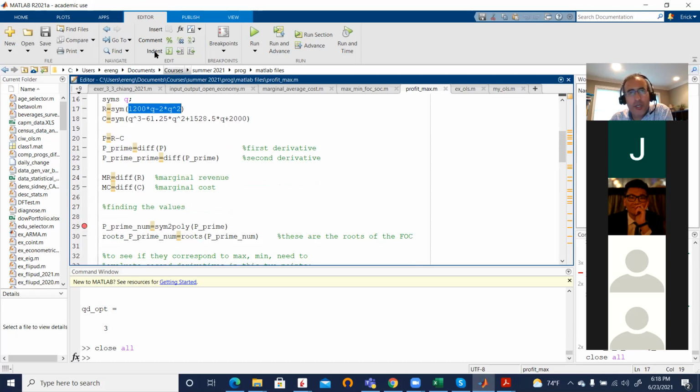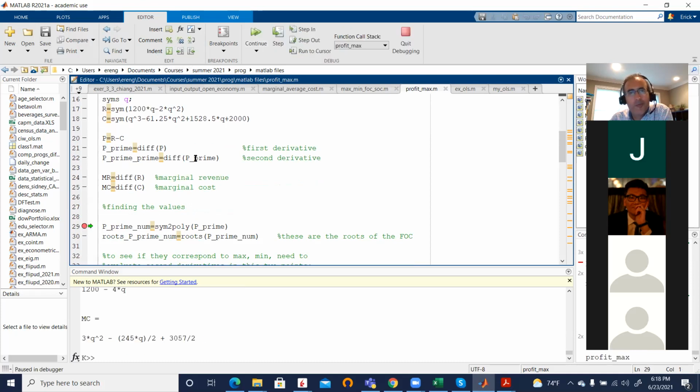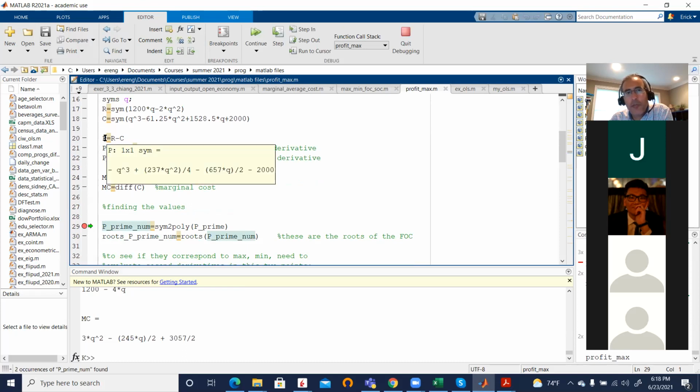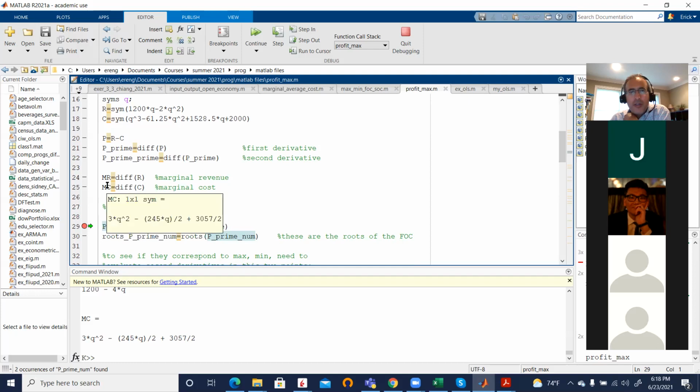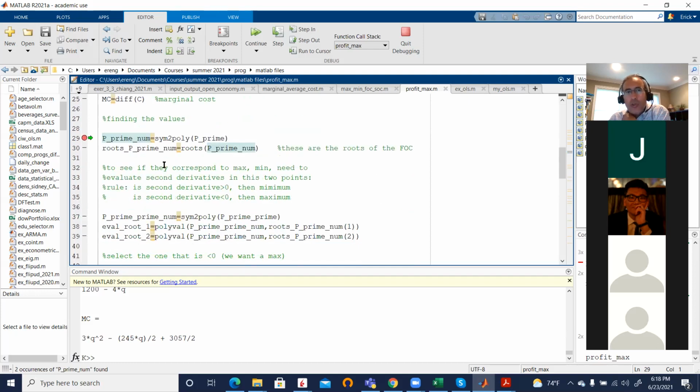All right, so let's run up to here. You can see P is a cubic function. P prime is this one here. This is the first derivative of my revenue. My marginal revenue is this one here, and my marginal cost is this one here. Okay. So I want to find the values.